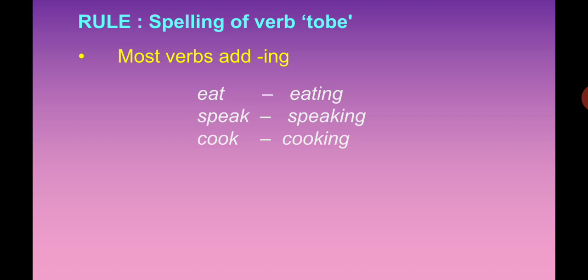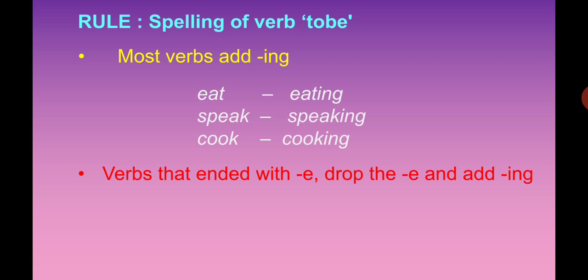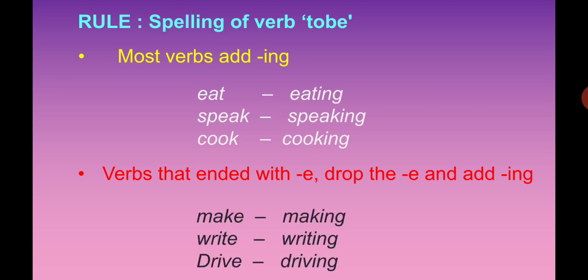Understand? Let's see another rule to make the spelling of verbs. Verbs that end with e, then we drop e and add ing. If the last letter of the verb is e, then we drop, means we remove e, and add ing to make them present continuous form. Let's see the example. Make.